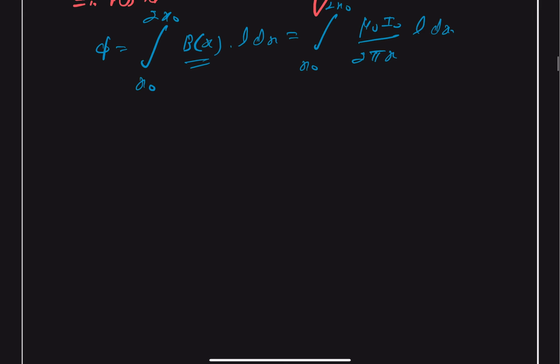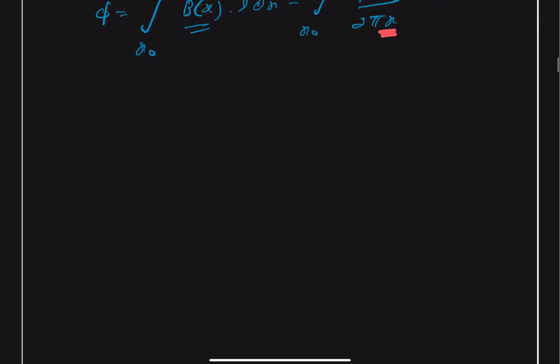We are going to get the rest of the things as constant, and we are left with only integration of 1 upon x, which will be natural log of x, and by substituting we can easily solve it.